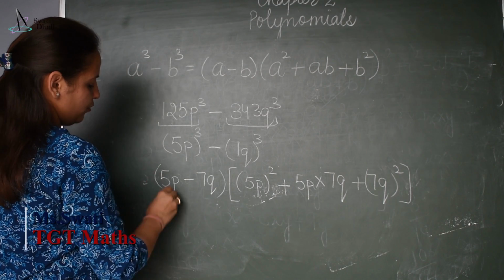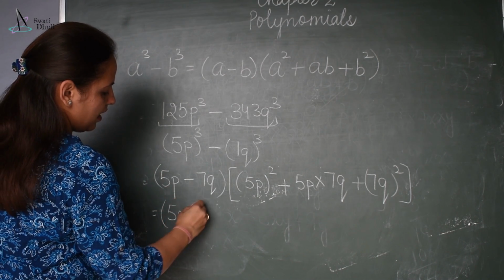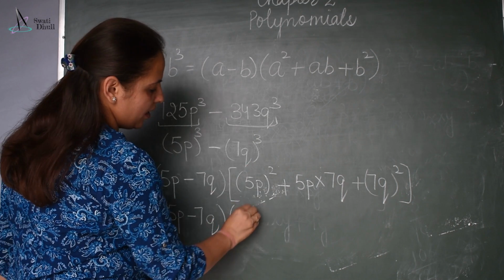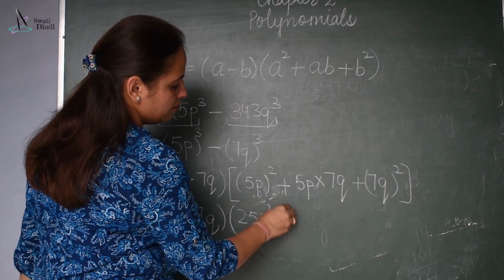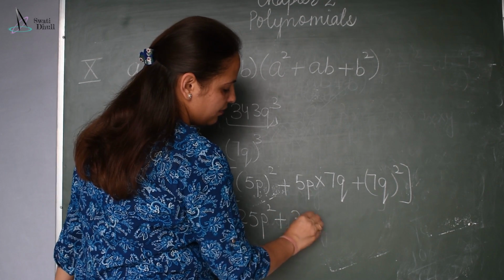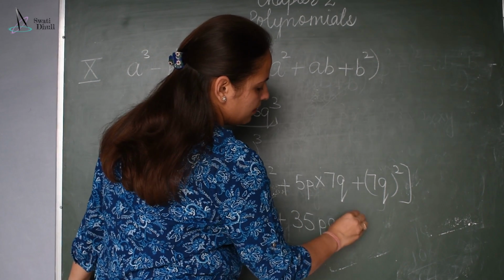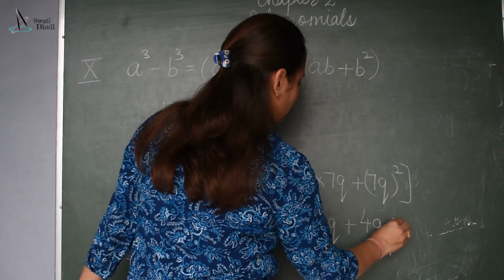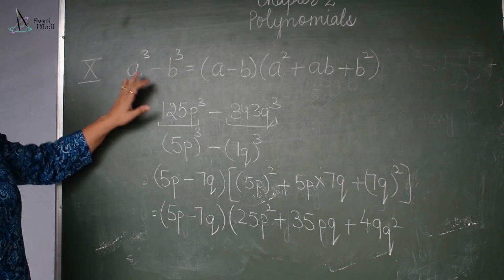Now that is equal to 5p minus 7q into 5p whole square is 25p square plus 5 7s are 35pq plus 7q whole square is 49q square. This is how we can factorize it.